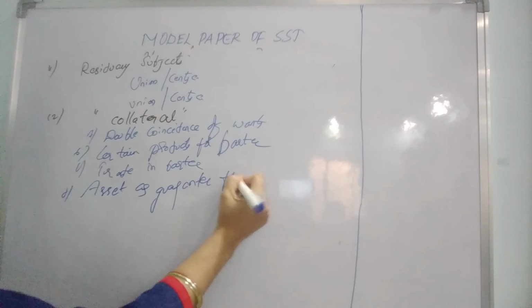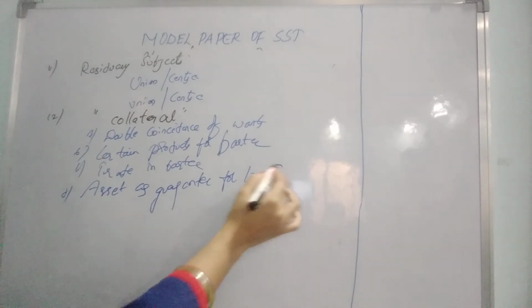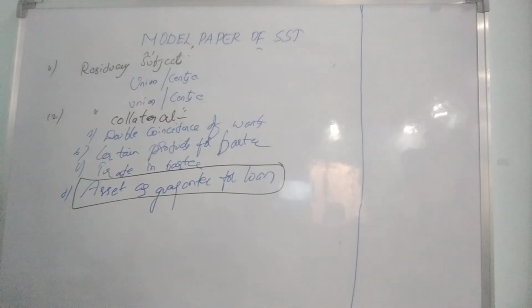Which option is the correct option to describe collateral? Asset as guarantee for loan is the correct option to describe collateral.